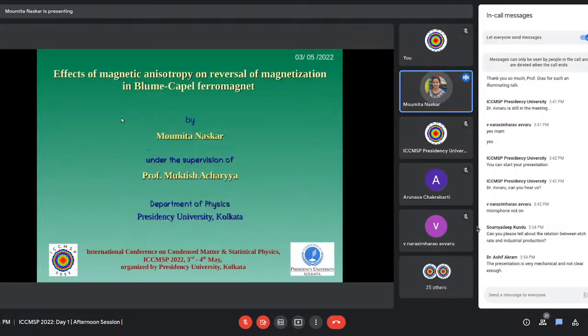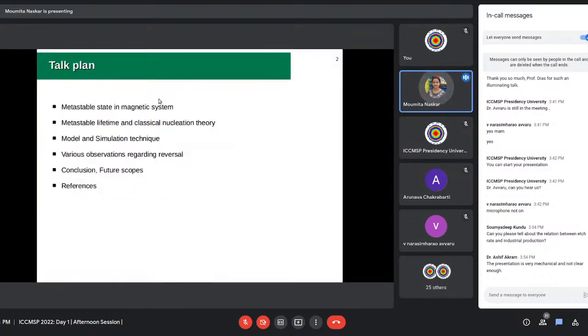Why MEMS? I am going to talk about the effects of magnetic anisotropy on reversal of magnetization in a Blume-Capel ferromagnet. First of all, let me mention the plan of my talk. First, I will briefly discuss the metastable state in a magnetic system, its lifetime, and the associated classical nucleation theory, which explains such dynamical problems nicely.